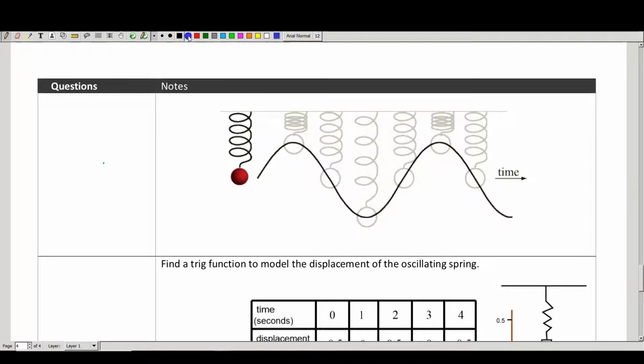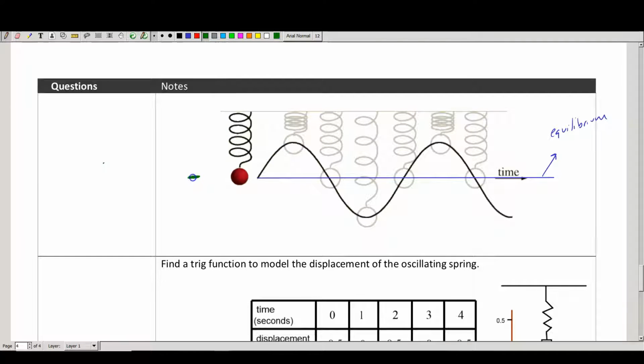Just to fill some things into your notes, if you have this little spring and mass example, this little line right here we would label as the equilibrium position, the position of that mass if it's just hanging there at rest. Then we have a displacement.